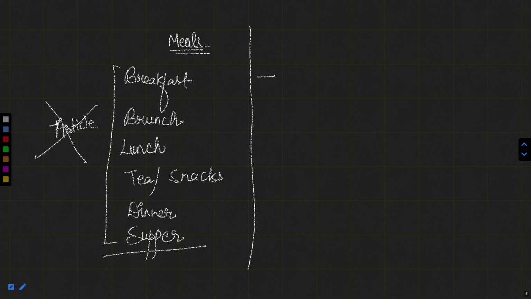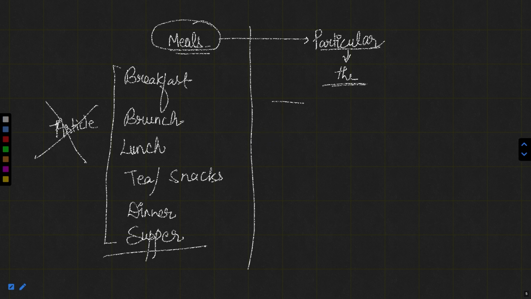But if I make the name of a meal particular, if I'm using the name of any meal in a particular sense, we should use the before it. Let us see some examples.